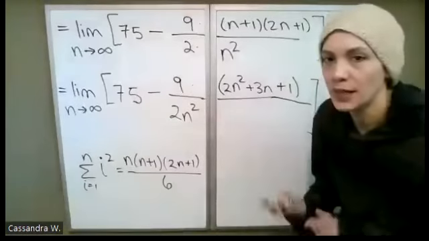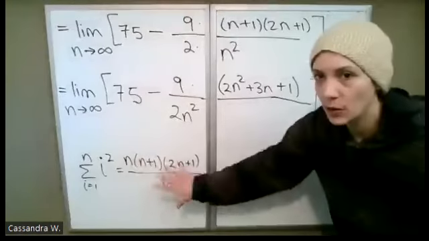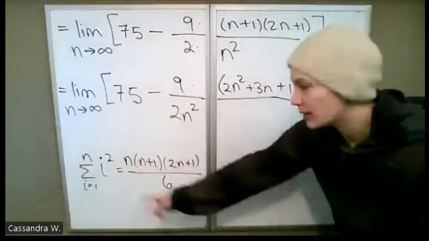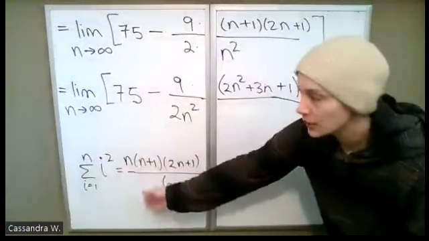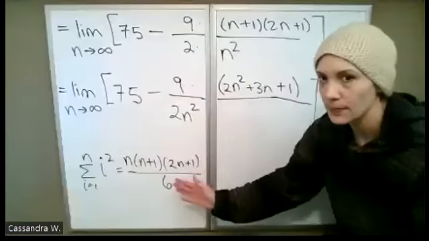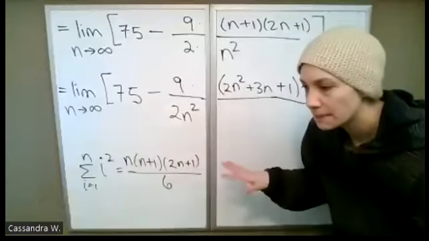And while we're here, every time the sum from i equals 1 to n of i squared is always equal to this: n times n plus 1 times 2n plus 1 divided by 6.